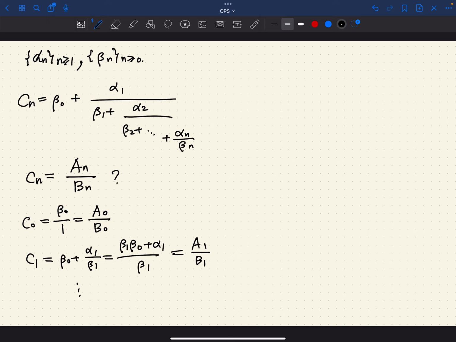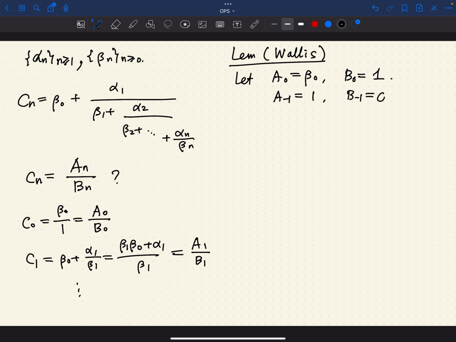But the lemma here, Euler's method, is that we can find an explicit solution to this. We can find A_n and B_n, namely. So let's say A_0 equals beta_0, B_0 equals 1, and the previous ones are 1 and 0, like this.